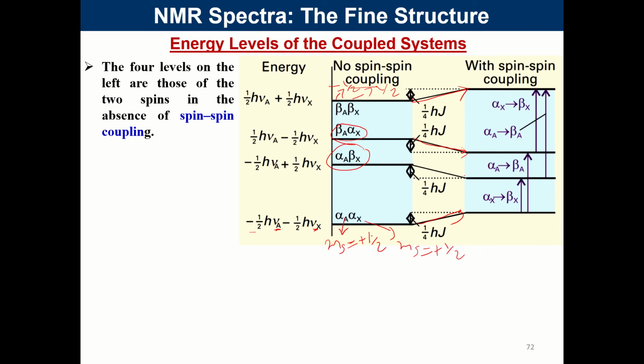In the same way you can think of the two transitions when the X changes its value from alpha to beta, the wave function of X transforming from upspin to downspin, plus half to minus half. So there you can see you have one here, another one is this one.